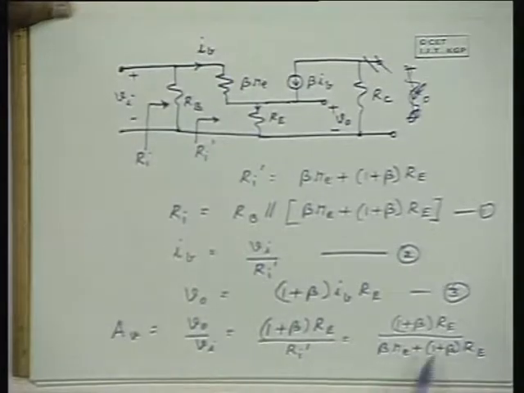This is the expression for this. Please note that this is equivalent to this. So the denominator is more than the numerator. As a result, this is going to be less than 1. And when this is usually much smaller than this, therefore this is approximately 1. Voltage gain is approximately 1.